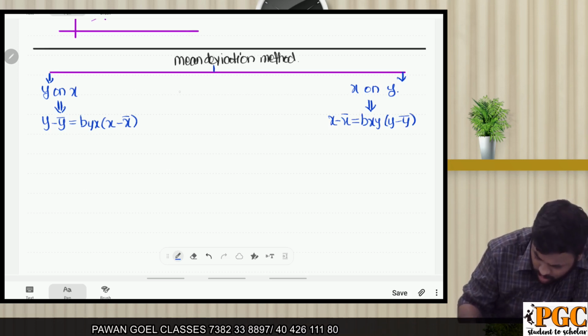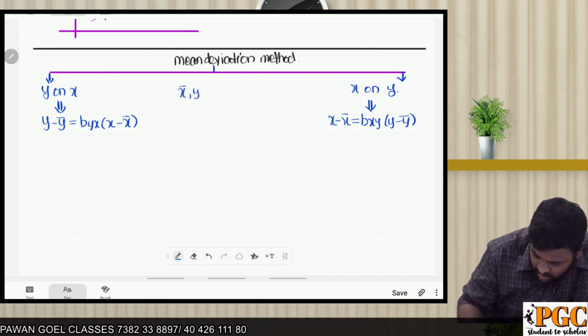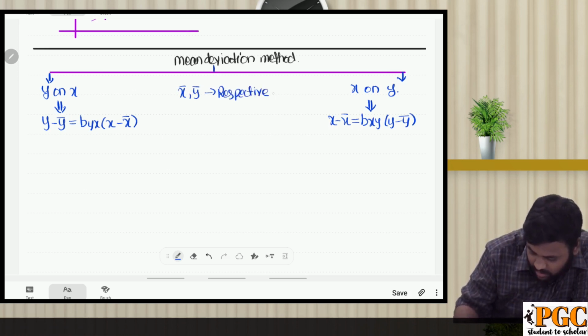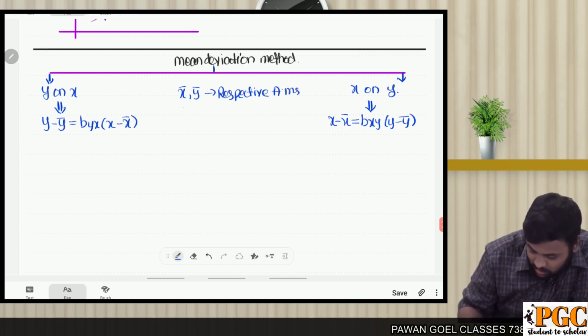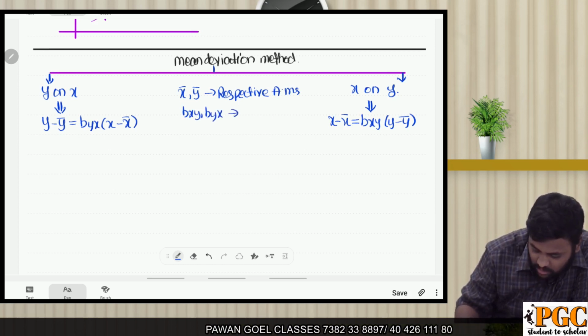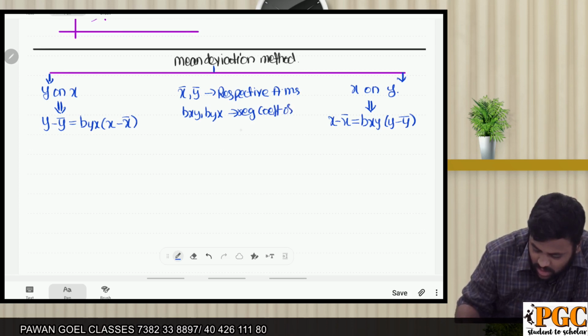I guess you already know, my dear friends, x bar and y bar are nothing but the respective arithmetic means. Bxy and byx are nothing but regression coefficients, or we even call them slopes.